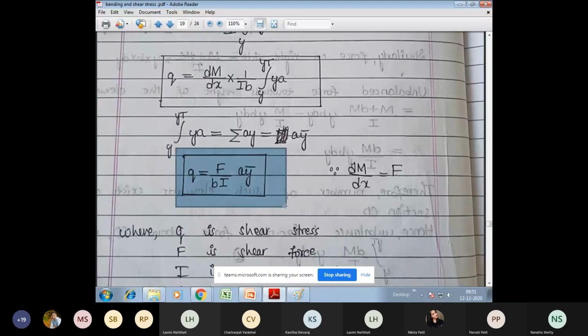If you remember, bending stress was maximum at, okay, you think about it later. Let me revise this. Can you tell me where the bending stress was maximum?